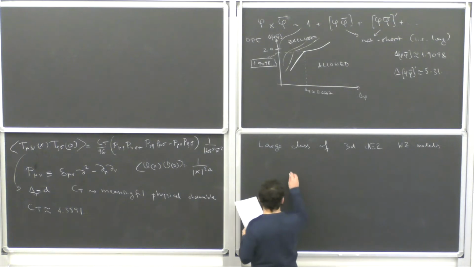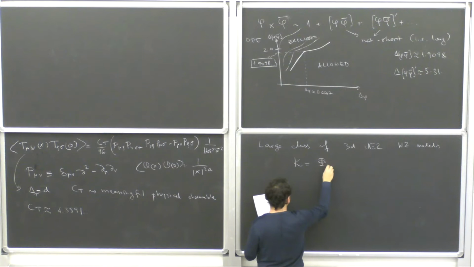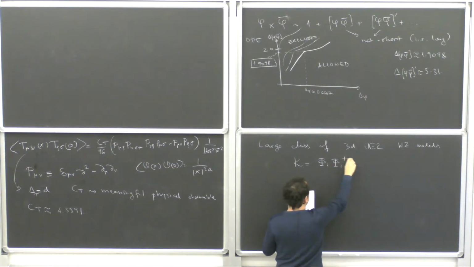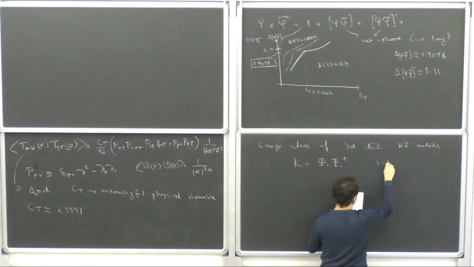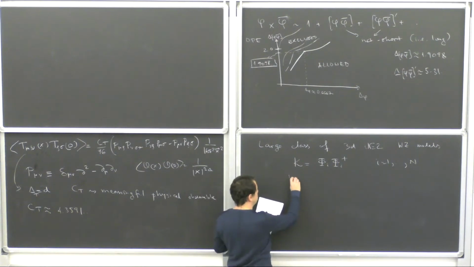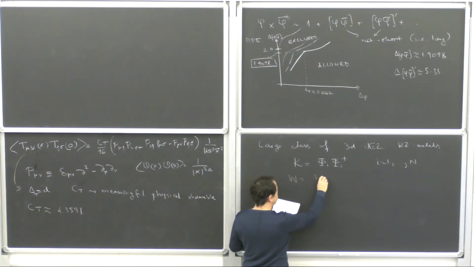So a certain class of them you can now understand in this simple way. So I take n chiral superfields with a canonical scalar potential, and I take the superpotential to be cubic.